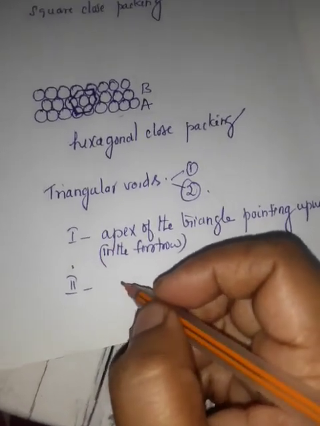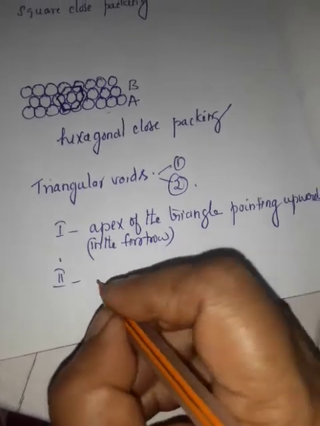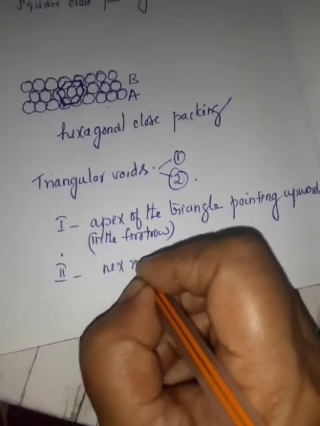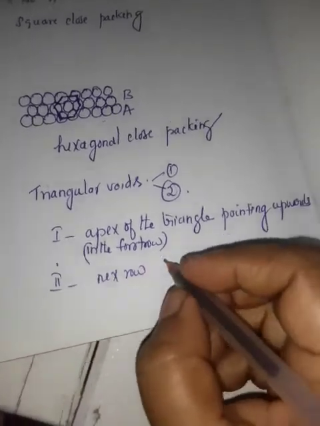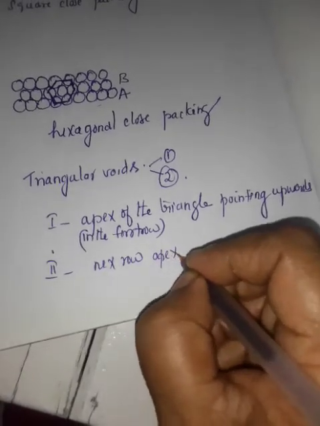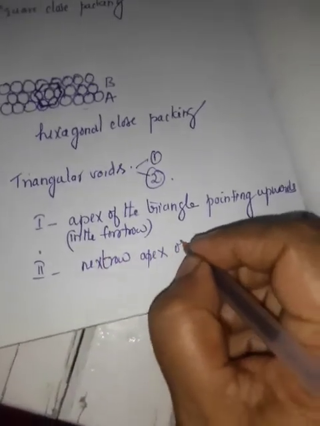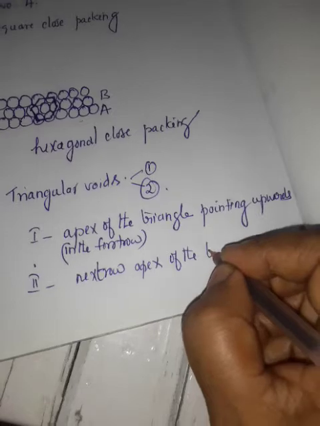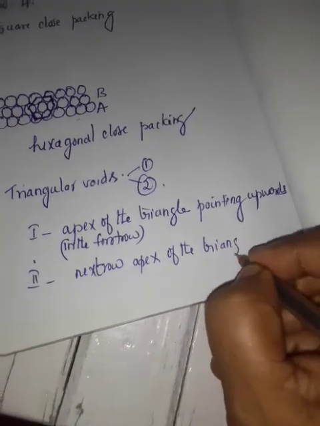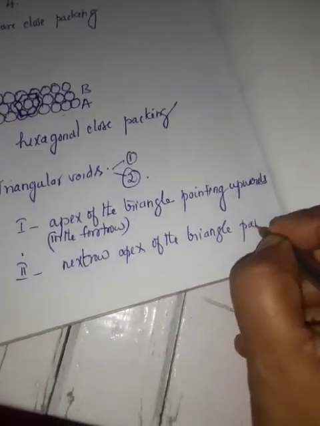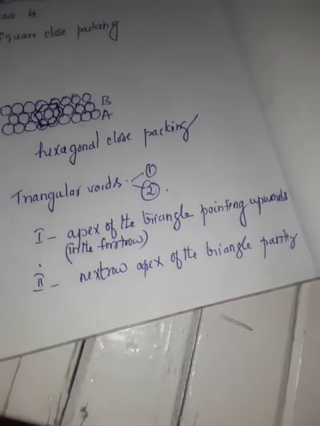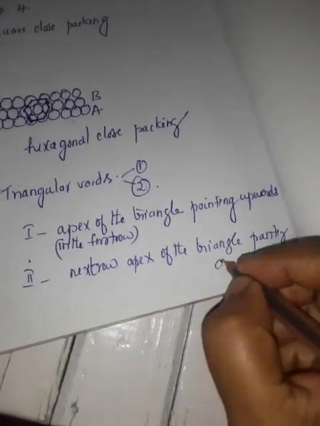The second one is in the next row, where the apex of the triangle is pointing downwards.